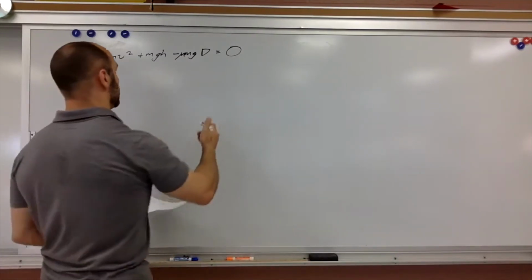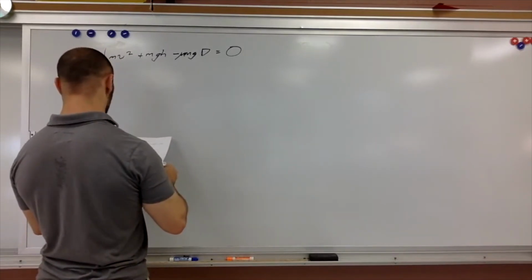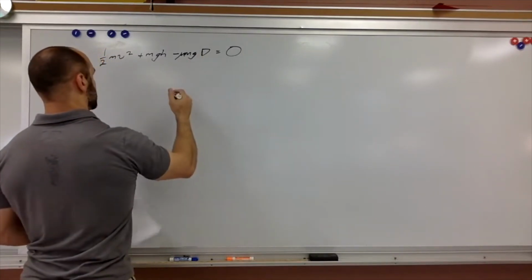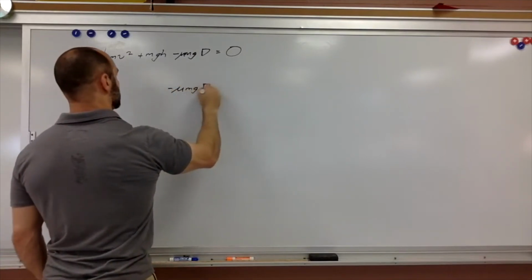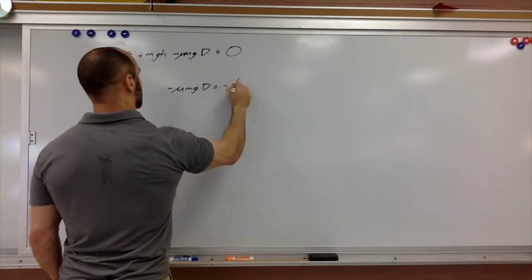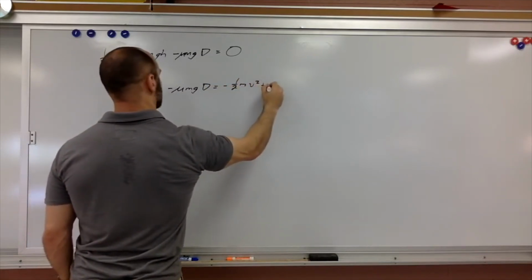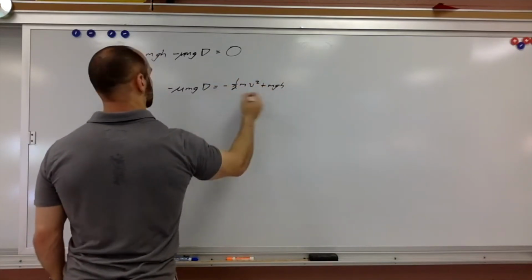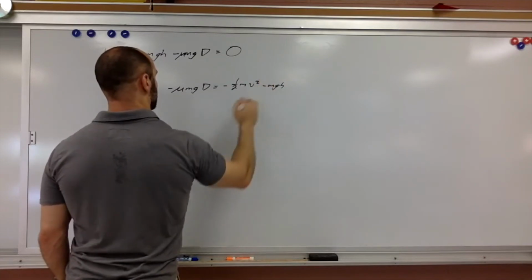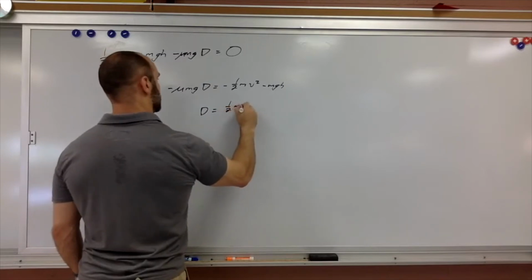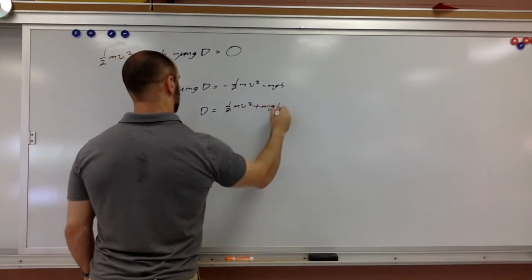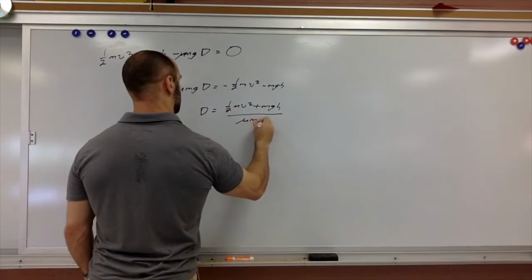And that's it. So now all I'm doing is solving for d. Right? I want to know what d is in this case. So I've got negative mu mgd equals negative 1/2 mv squared minus mgh. So then solving for d, this is going to be 1/2 mv squared plus mgh over mu mg.